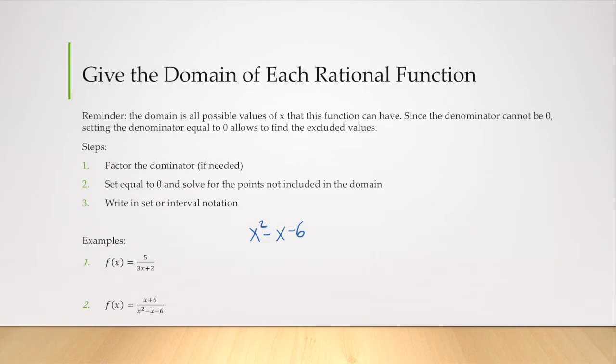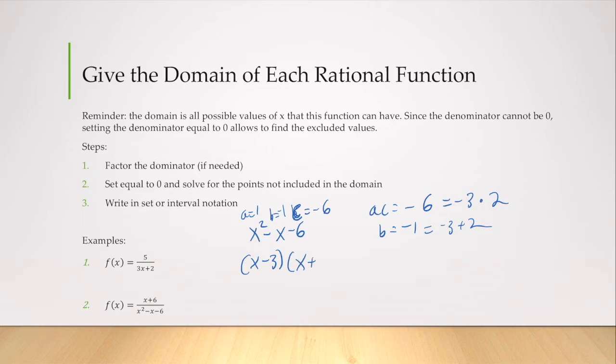So I want to find the factors of AC that add up to B. So AC in this case is negative 6. The factors of negative 6 that add up to negative 1 are negative 3 times 2 and negative 3 plus 2. This means this will factor to x minus 3 times x plus 2.